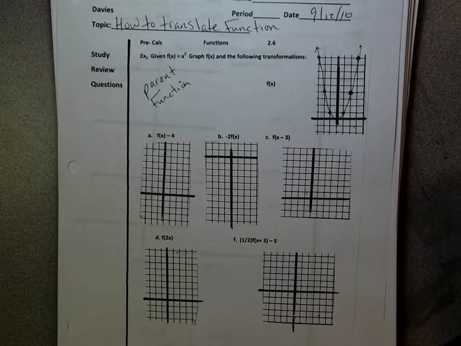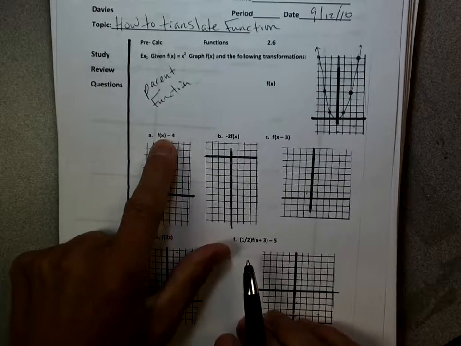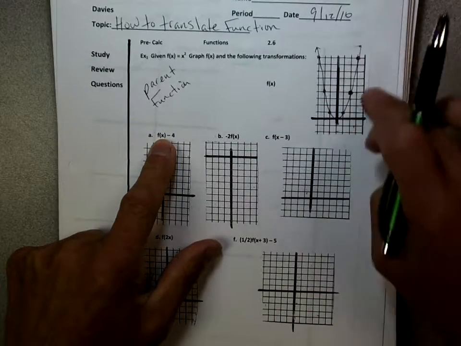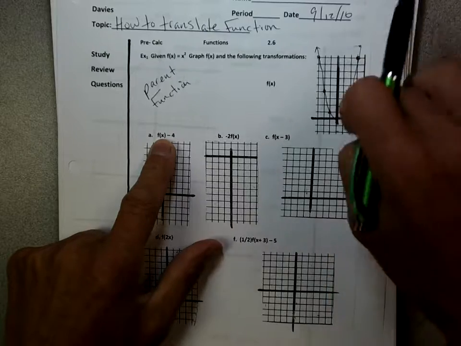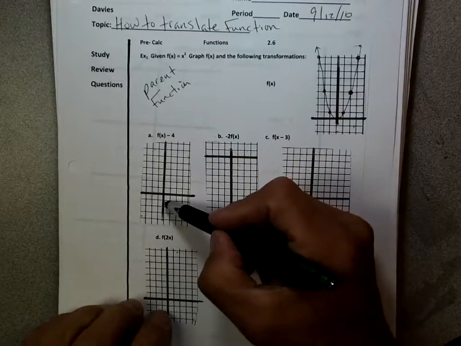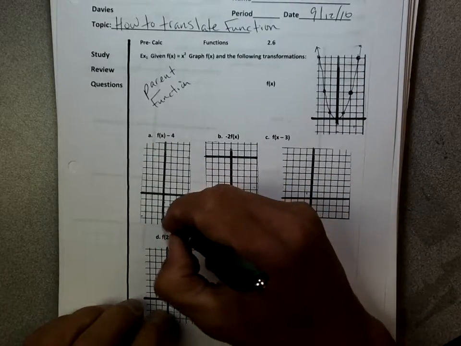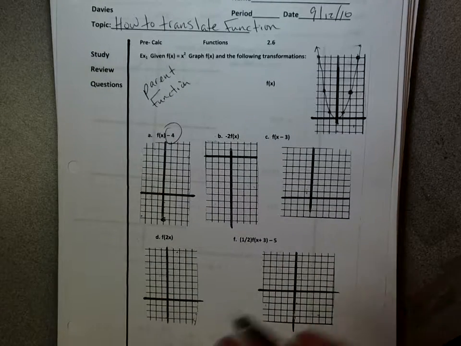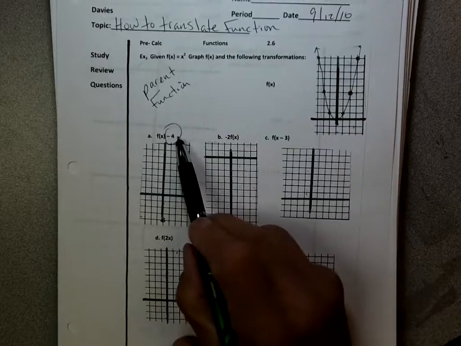Now, here it is. Let's move this. Question A, f of x minus 4. All we're going to do is pull our function down 4. We're going to take this function and just go down 1, 2, 3, 4. Bring it down 4. Exact same graph. We're not going to change anything else except bring it down 4.